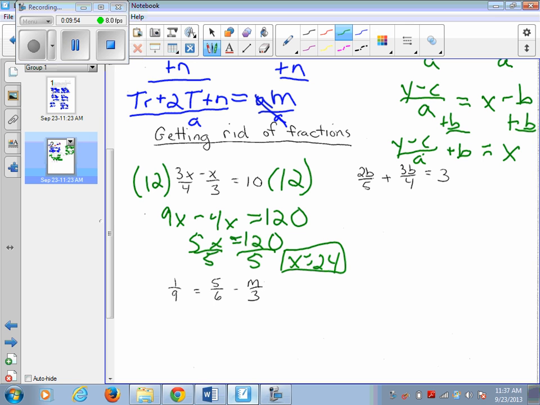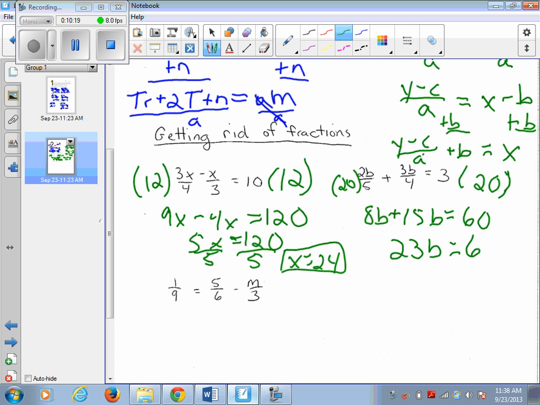For the other side, 2b divided by 5 plus 3b divided by 4 equals 3. We can multiply both sides by 20. And we get, let's see, 4 times 2 is 8b plus 15b is equal to 60. Combine our like terms, we get 23b equals 60.